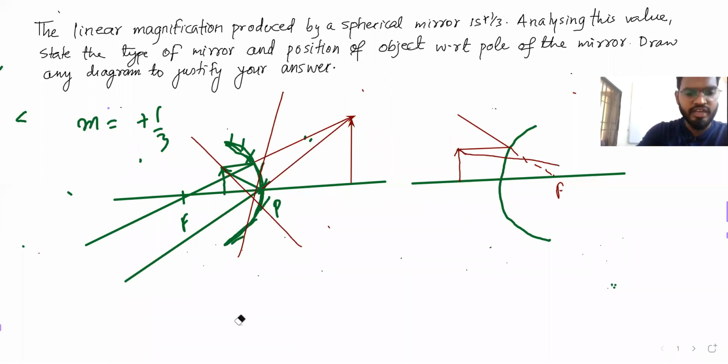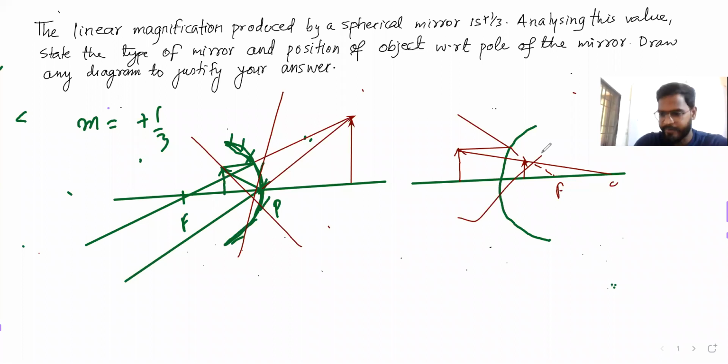Somewhere here the image is forming. So yes, it is virtual and erect with magnification plus 1 by 3, and a diminished image. So this mirror satisfies our condition. This is the ray diagram and this will be the answer.